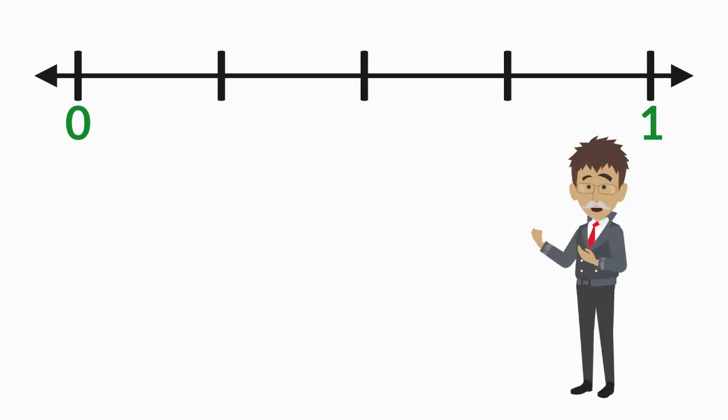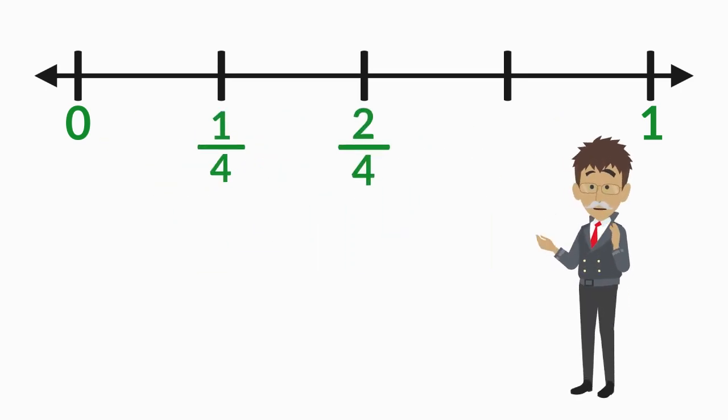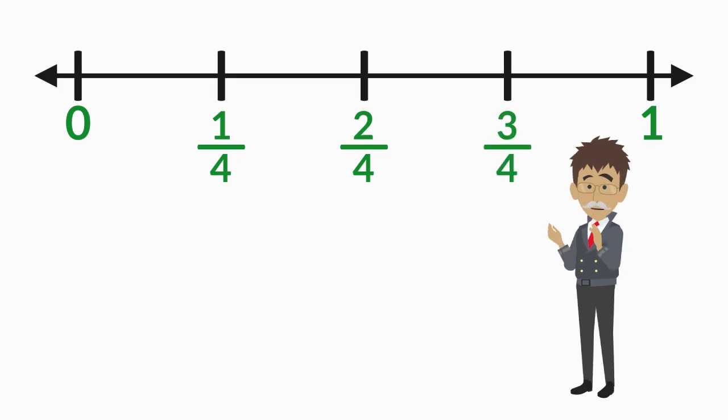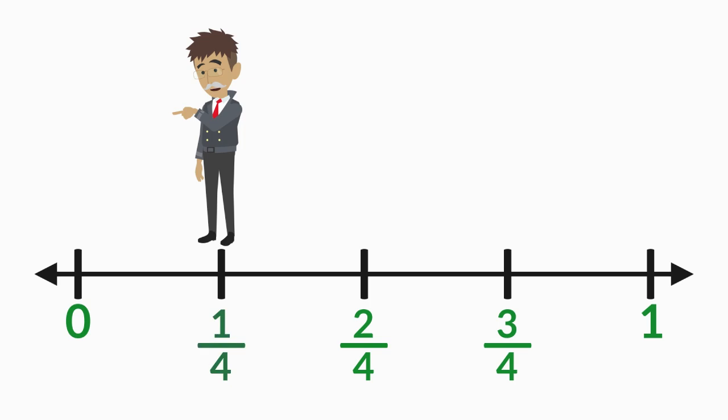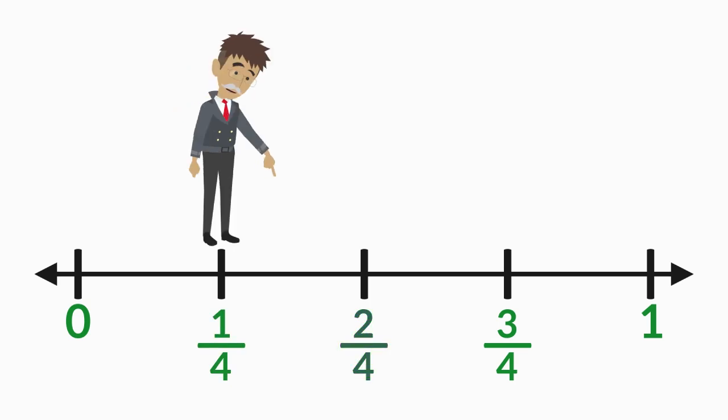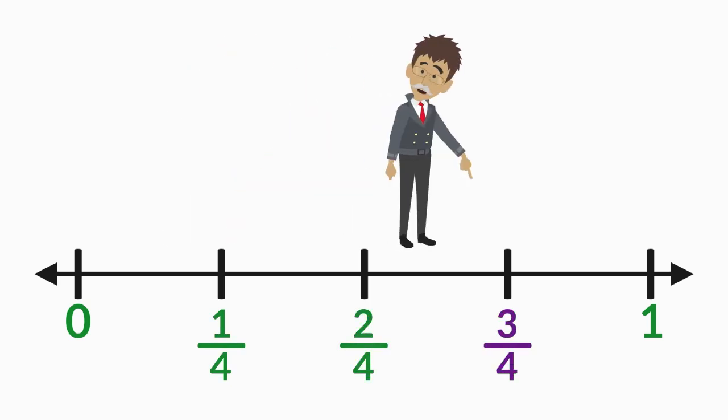The first mark is 1/4, the second is 2/4, the third is 3/4, and the last mark reaches 1. This helps us understand how a fraction compares to another number. Here, 1/4 is a quarter of the way to 1, 2/4 is halfway, and 3/4 is 3/4 of the way to a whole.